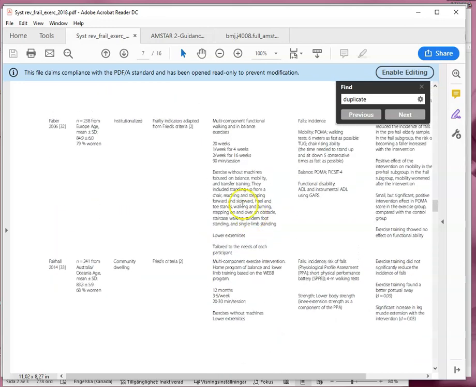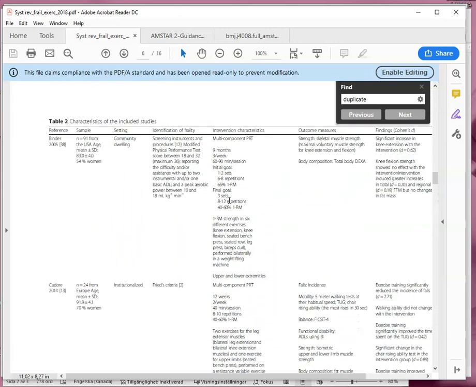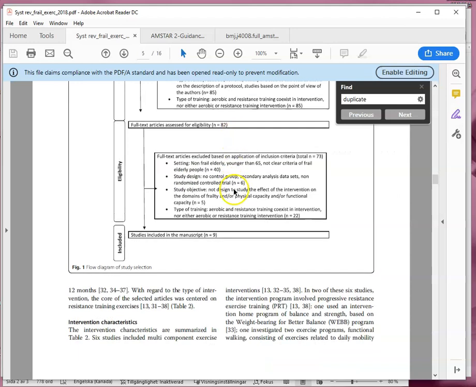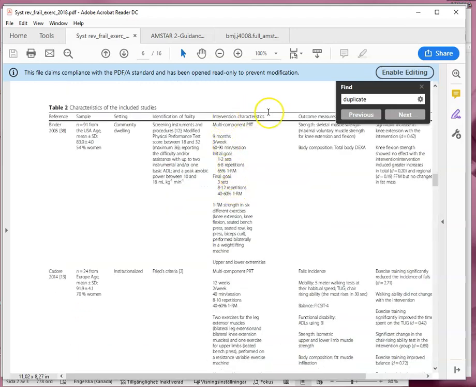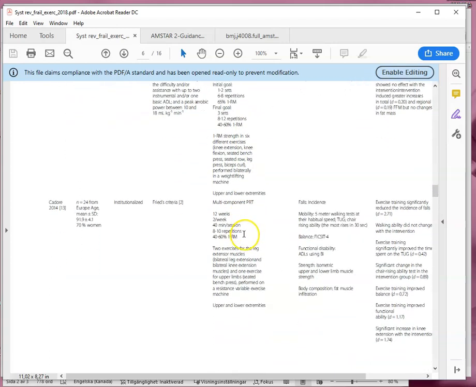Oh, this is still not the headings. So every paper has been described very nicely. If you see here, you see intervention, outcome measures, and the findings. Yeah, but there's no information on the control group, but the control group shouldn't do anything. So I think I give them okay for this one.